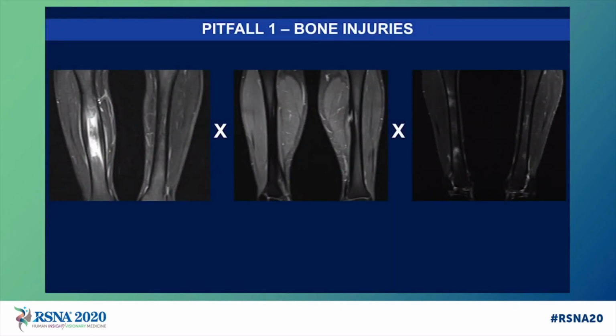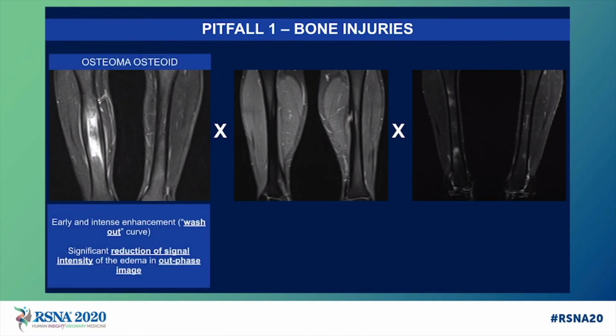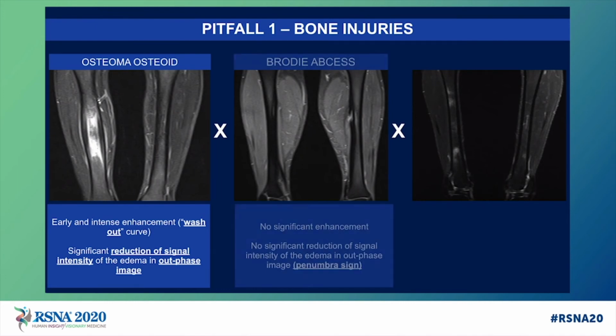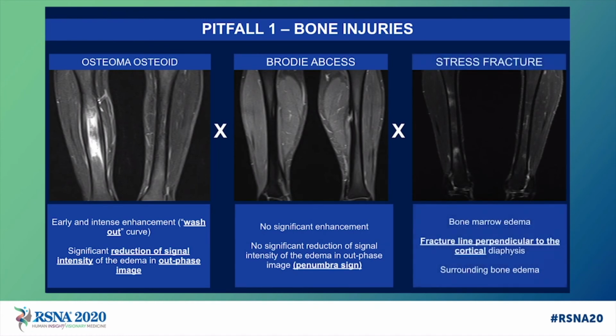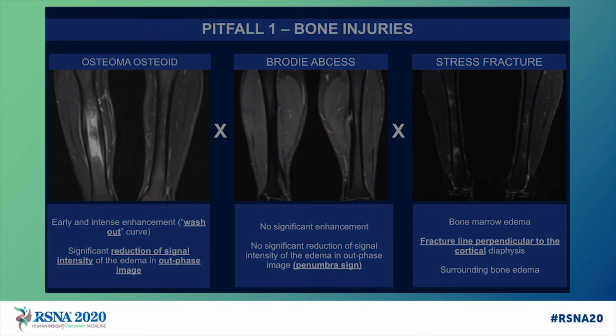So in conclusion, related to bone injuries, always remember the washout curve and the reduction of signal intensity on out-of-phase imaging for osteoid osteoma, the penumbra sign for bone abscess, and always look for a fracture line perpendicular to the cortex regarding stress fracture.